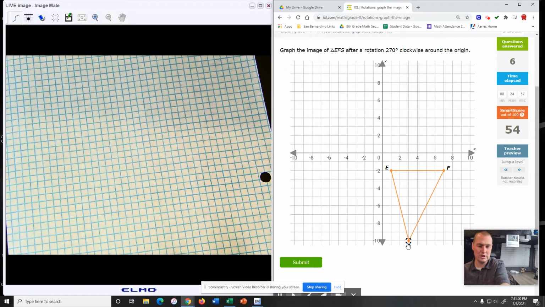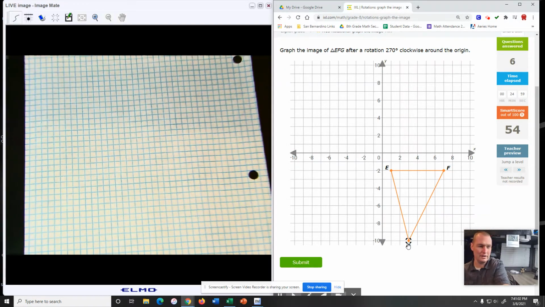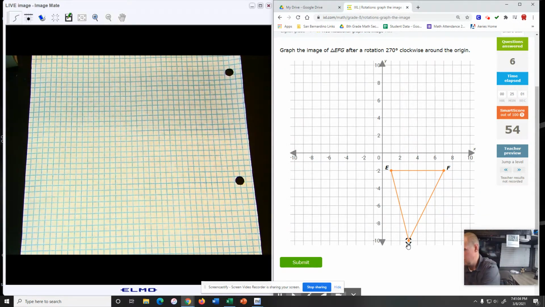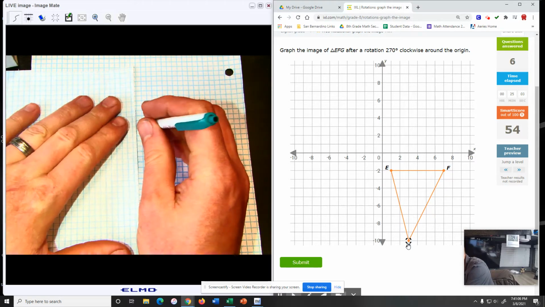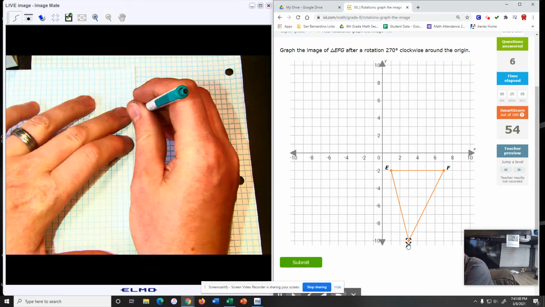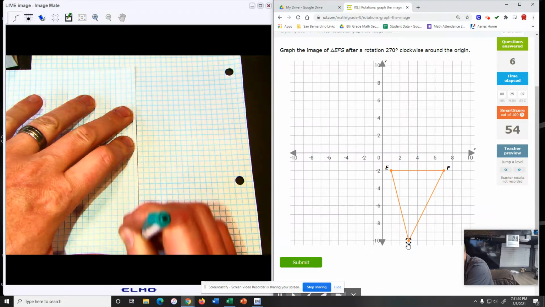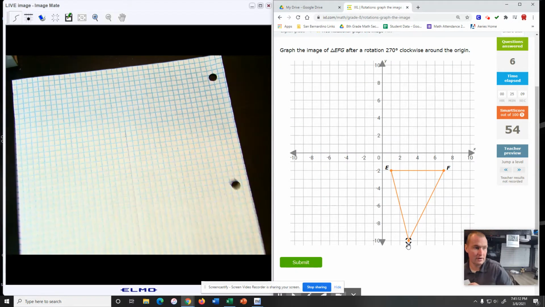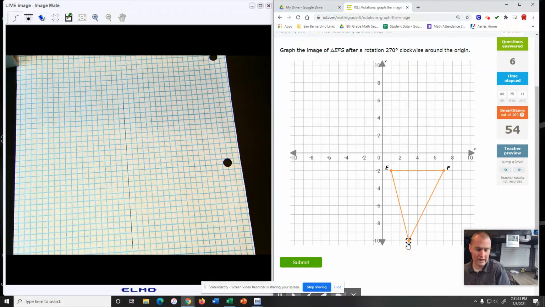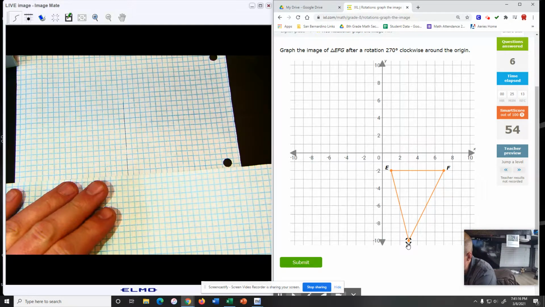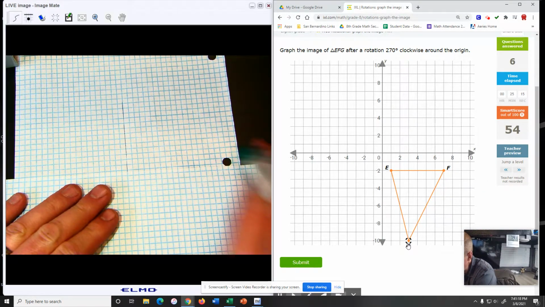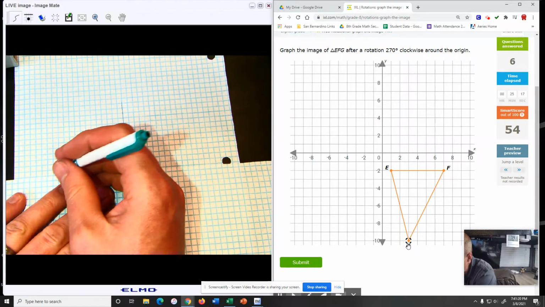I don't want to get too much on one sheet of graph paper because then it's too hard to keep track of, right? So I'm just going to keep it simple. I'm going to take my straight edge, again, the side of a book, a ruler, whatever you want to use. Just draw a coordinate plane big enough. So there's my y-axis. And let's go ahead and get the x-axis in there.